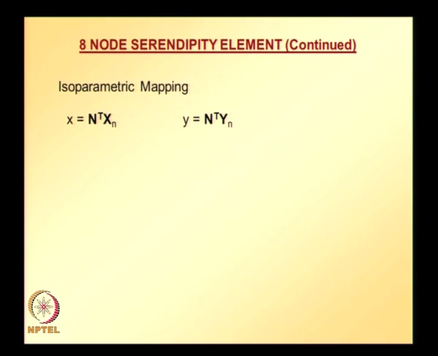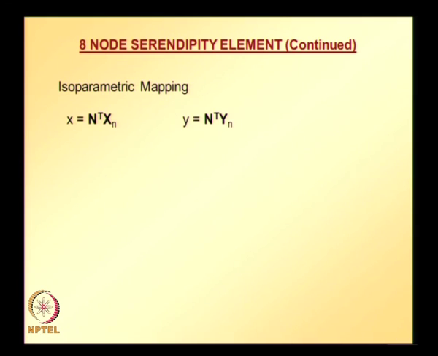So, this is how isoparametric mapping can be performed, which is similar to the 4 node quadrilateral element, except that the shape function vector now involves 8 shape functions n1 to n8, xn involves x coordinates of all 8 nodes, similarly yn involves y coordinates of all 8 nodes.